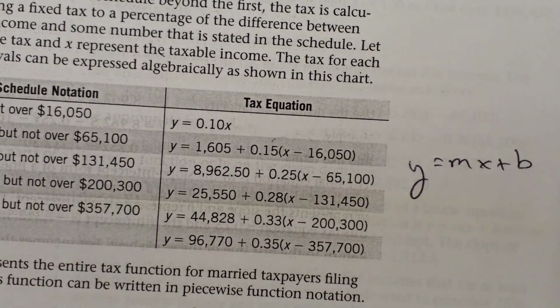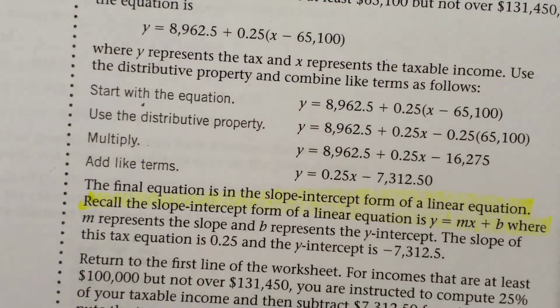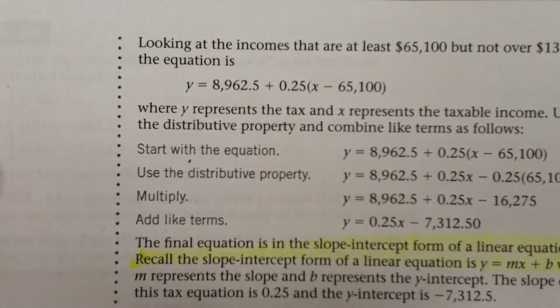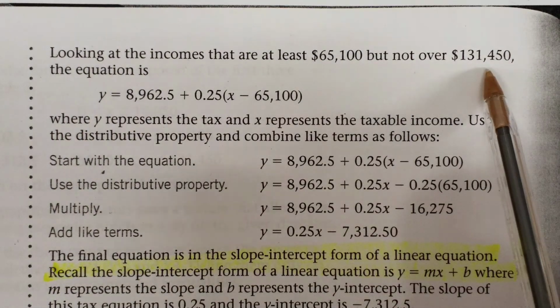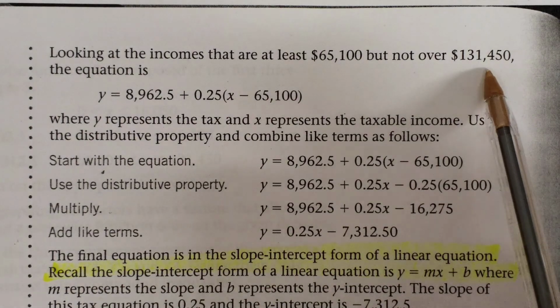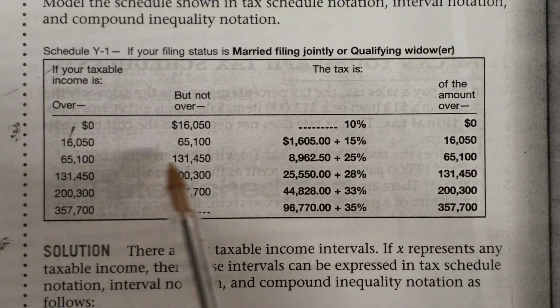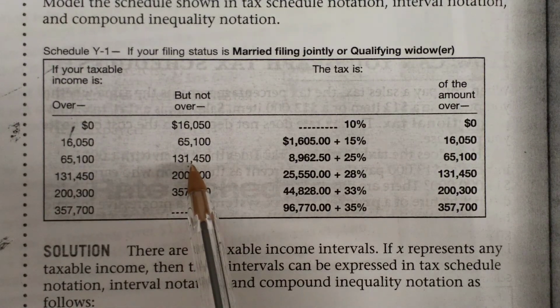Let's look at an example where we're doing that. So here it is. This is the income that if you are at least $65,100 but not over $131,450. So you're right here, between $65,100 and $131,450.